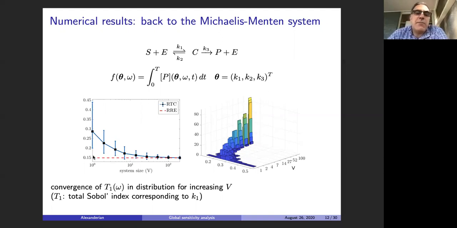And what I've plotted, this red dashed line, is the index I get based on the reaction rate equations, and the blue line is the mean of the corresponding stochastic Sobol index, and the error bars correspond to the 5th and 95th percentiles, because we have a distribution for the stochastic index.